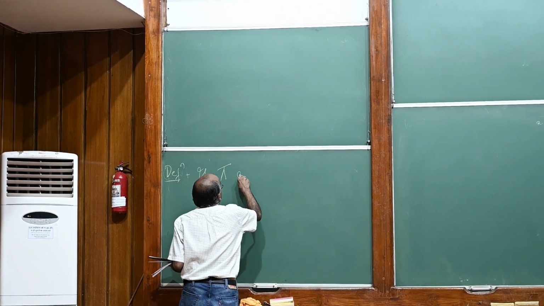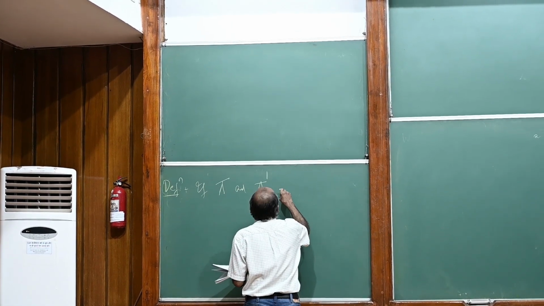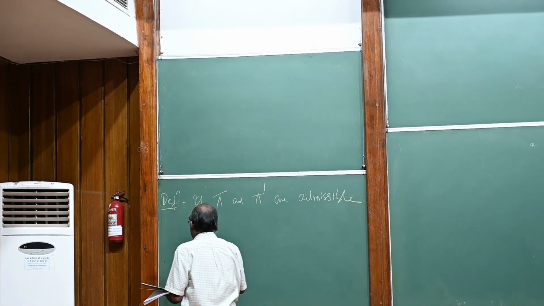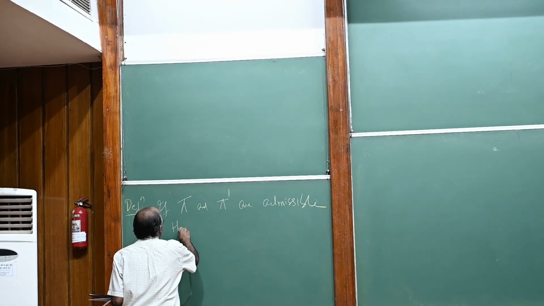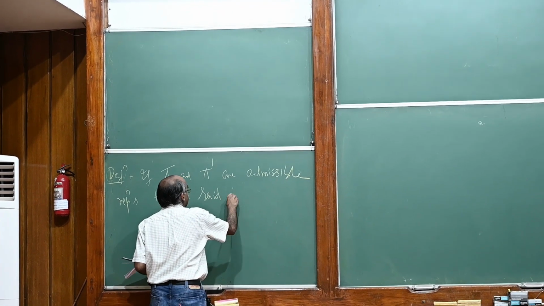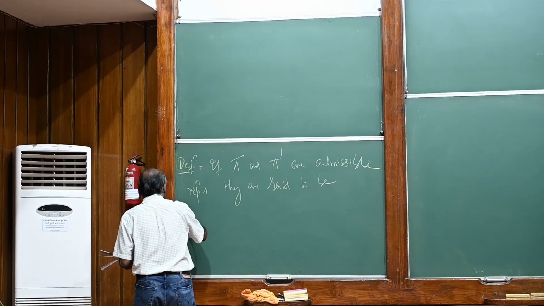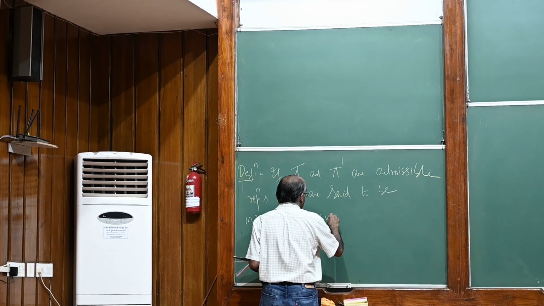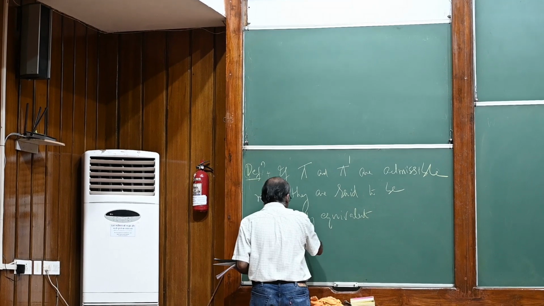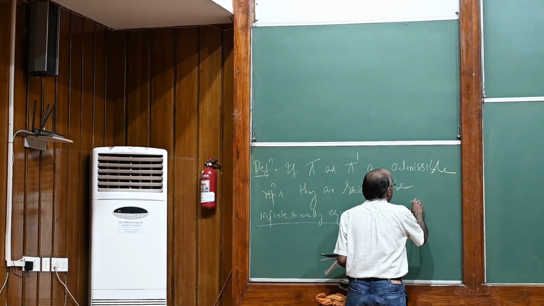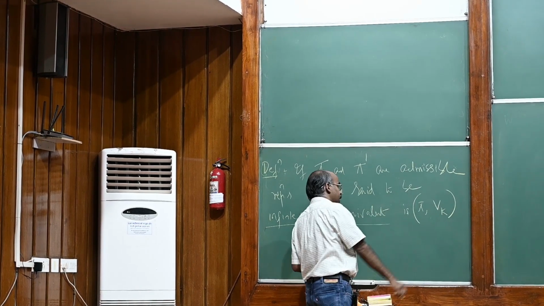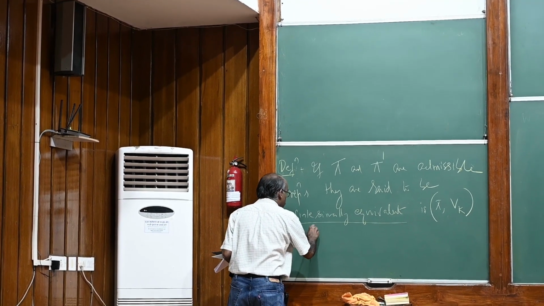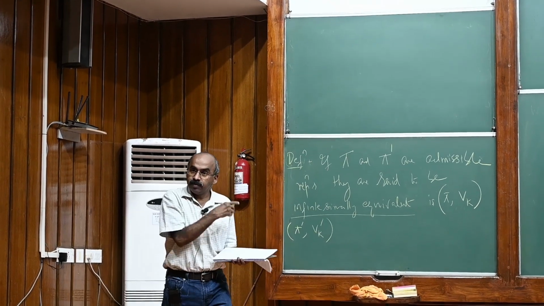If phi and phi prime are admissible representations, they are said to be infinitesimally equivalent if phi's K-finite vectors, and phi prime has a similar set of K-finite vectors which I denote by the prime.